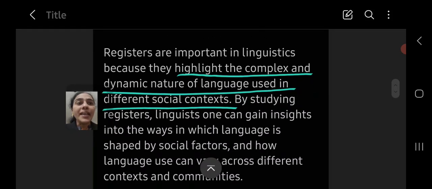Now, why are they so important? These registers are important in English linguistics especially because they highlight the complex and dynamic nature of language used in different social contexts. They act as a collective resource for linguistics.